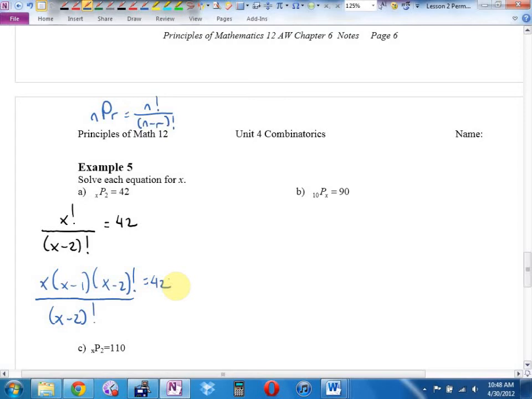Why is that handy? Steph, can I cancel? Because it's factored. And you notice I'm canceling out a factorial term. I'm getting rid of the factorial, which means now I have an equation I can solve.